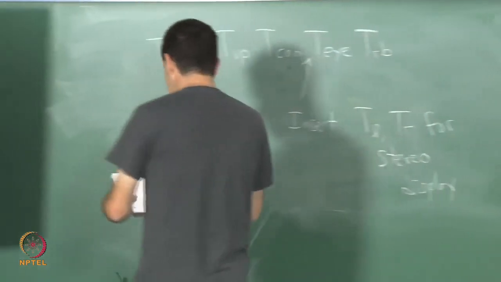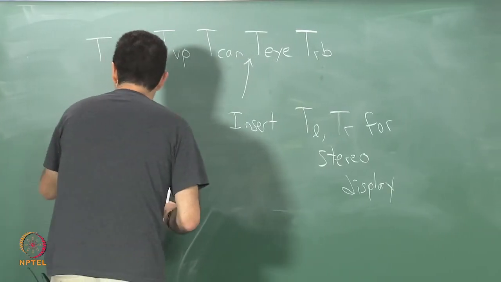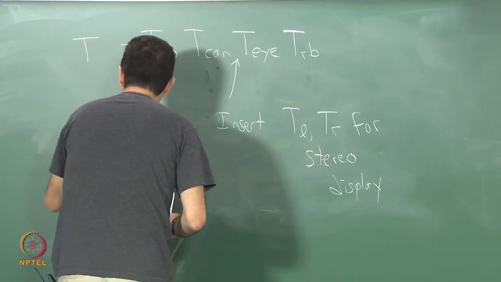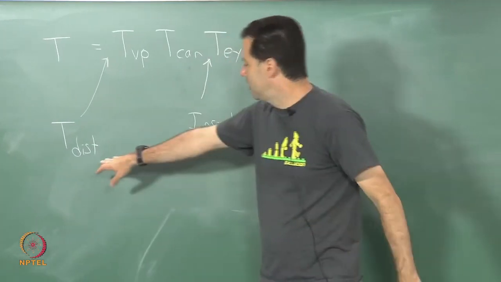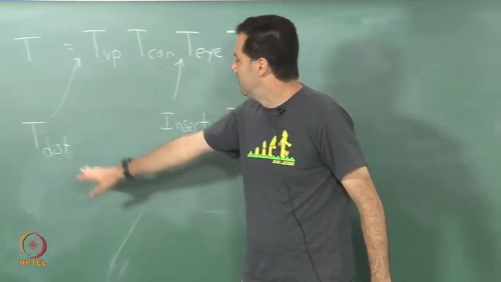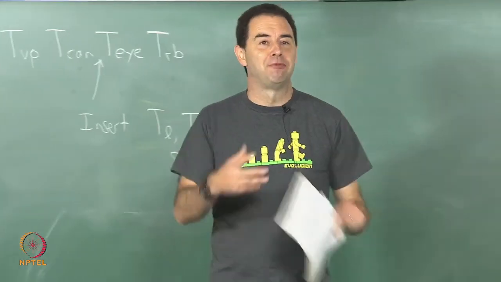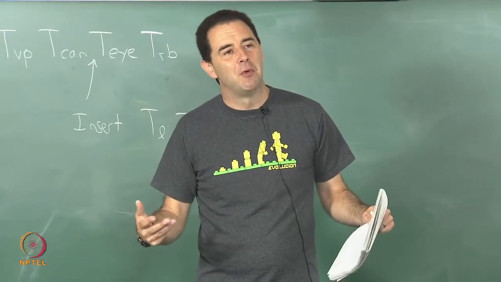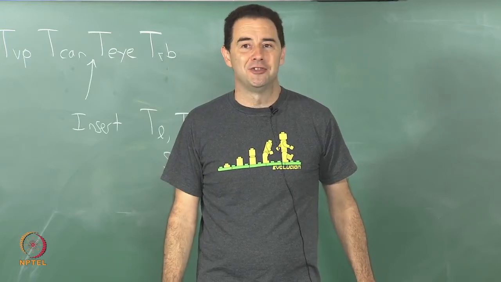And another thing that happens, there's another transform here, which I'll call TDIST. And I won't get back to this one for a while. I put dist here for distortion, not distance, distortion, which will compensate for optical distortion. So we'll do some final kind of warping that will account for warping due to wide field of view lenses.